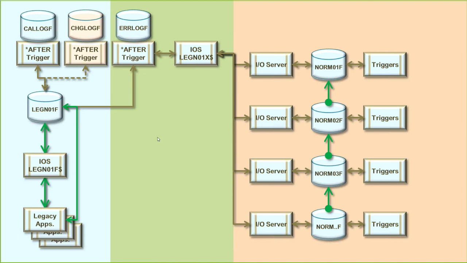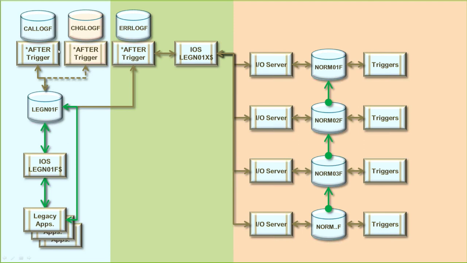So I have now got 3 triggers, all after triggers, attached to leg N01F. If I want to, I can have them. The reason I've separated them into 3 different triggers is because this one was only added afterwards, this one is optional, and so on.